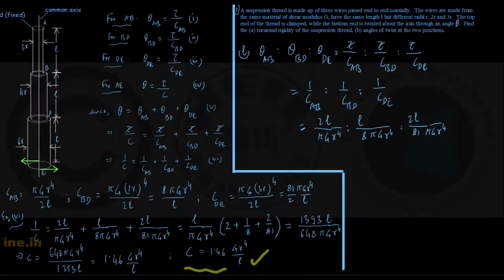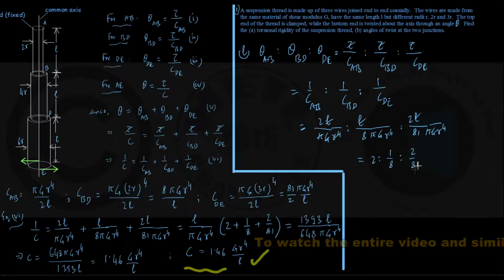Is it not? We have the values of CAB, CBD and CDE, and you just invert them and put it here, and you can see that these L's cancel out and this pi g r to the power 4 also gets cancelled out. So left with a ratio of 2 is to 1 by 8 is to 2 by 81.